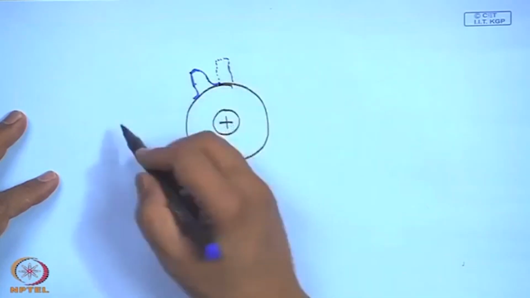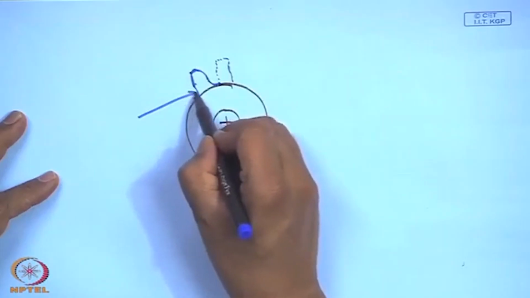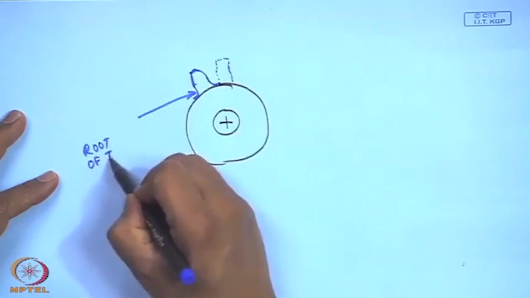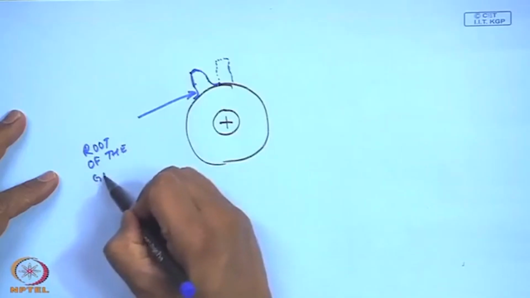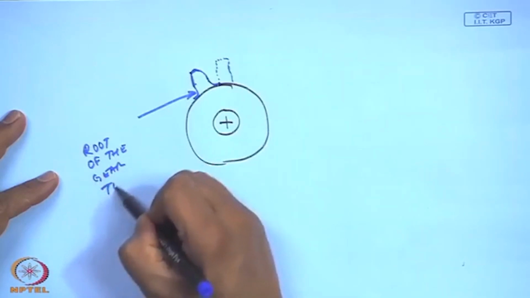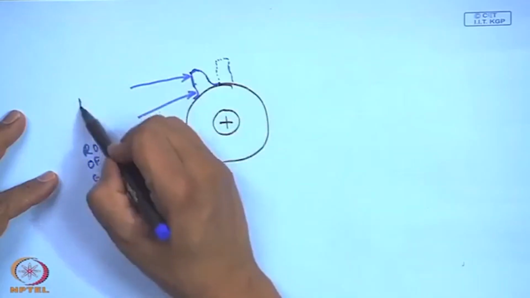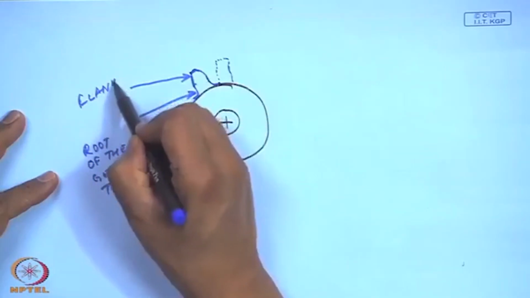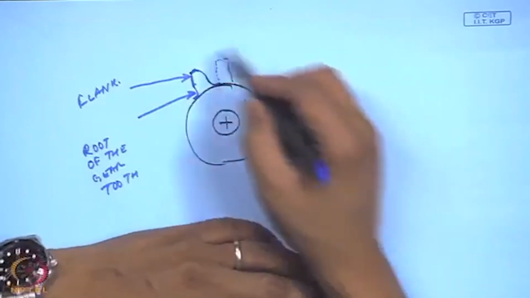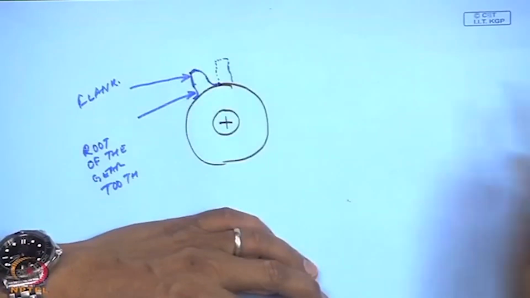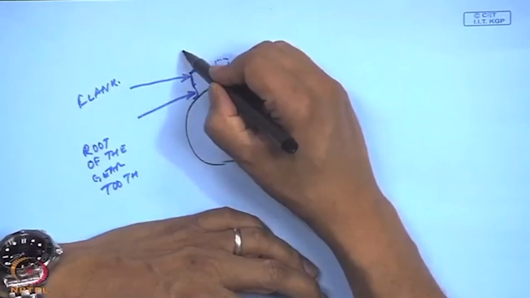This is the root of the gear tooth, this is the flank. And this is going to mesh with another gear, from the pinion and so on.